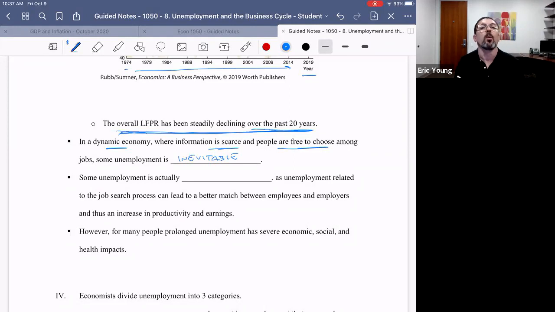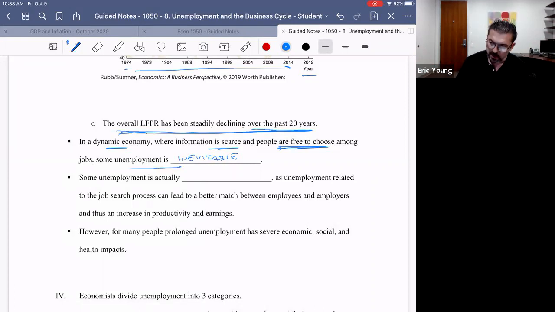It just won't happen, because in a dynamic economy that moves and changes and evolves and introduces new products, plus where people are free to choose among jobs and people get educations and quit this job to get a better job and get more pay, or where people move to a new location and they move their jobs accordingly, some unemployment is going to be inevitable.